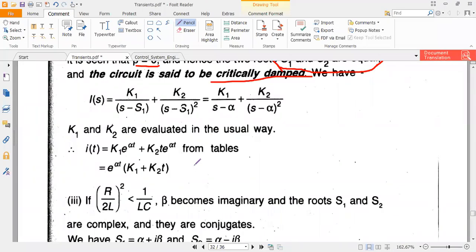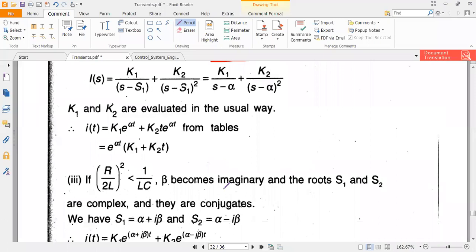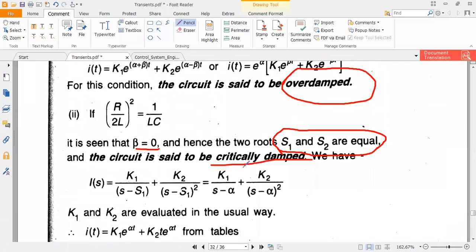I know you are having so many doubts, especially from this chapter, because you don't know so many topics, so I have discussed them in this chapter. I think you never studied about initial conditions, or about the response. You never studied about control systems, or this second order system, and underdamped, overdamped, and critically damped.